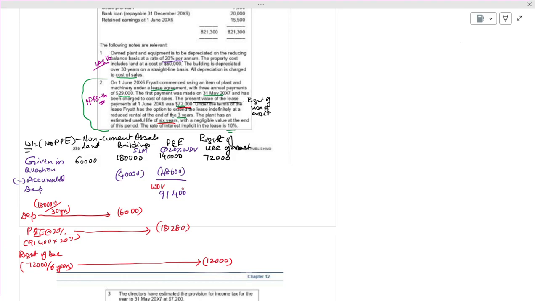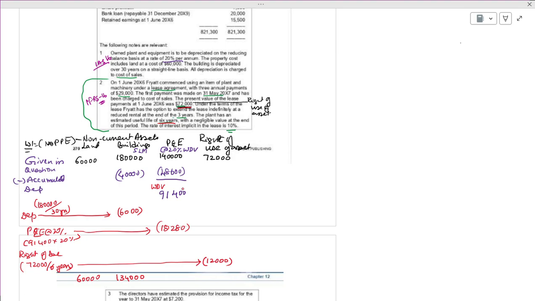Yes. Land, no depreciation, 60,000. Now buildings, 180 minus 40 is 140, minus 6 is 134. Check again. 91,400 minus 18,280.